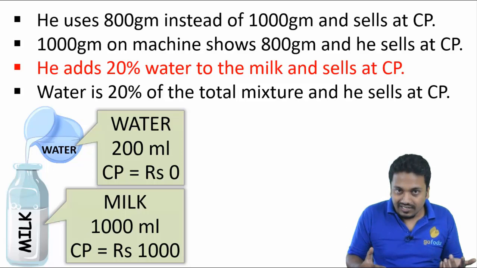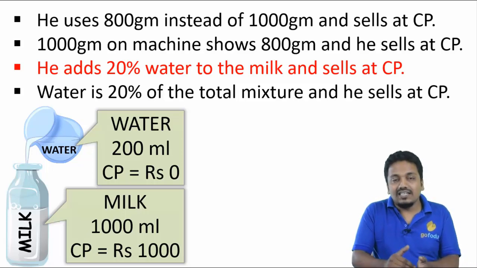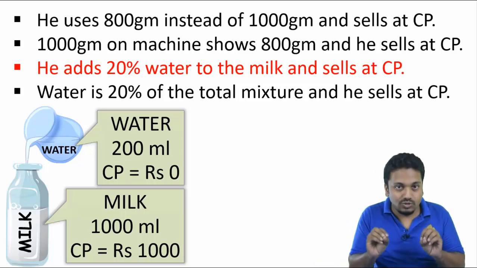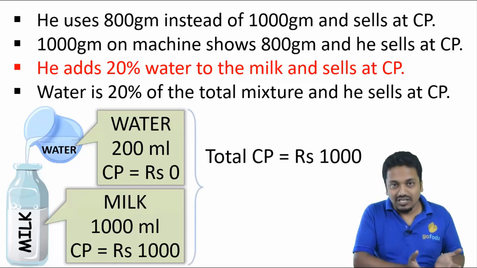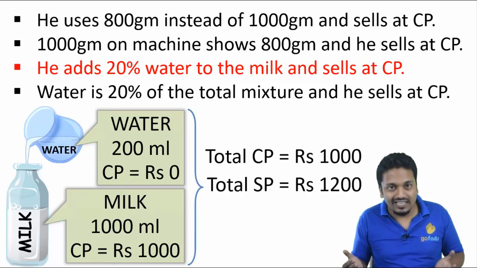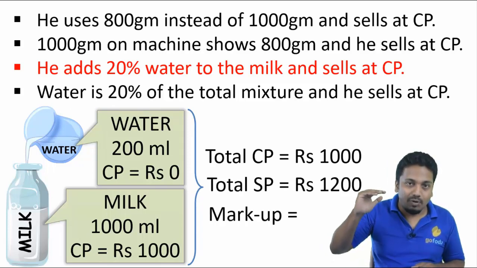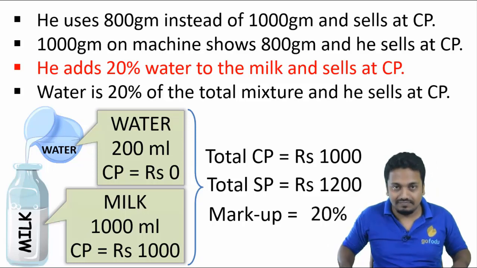Now this mixture is 1200 ml and the milkman will tag it as 1200 ml of pure milk, okay, to sell it for 1200 rupees. So cost price is 1000 and selling price is 1200 and markup is 200 upon 1000 into 100, that is 20%.